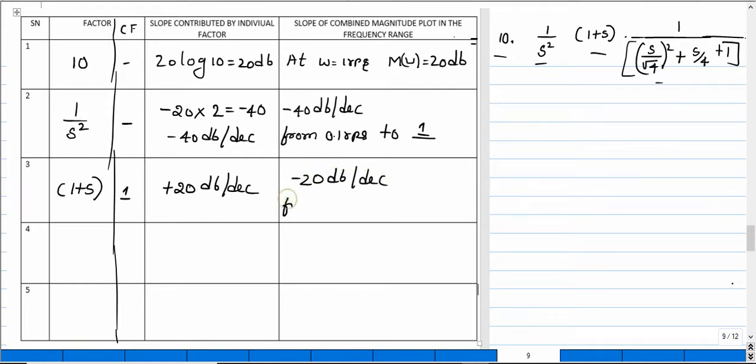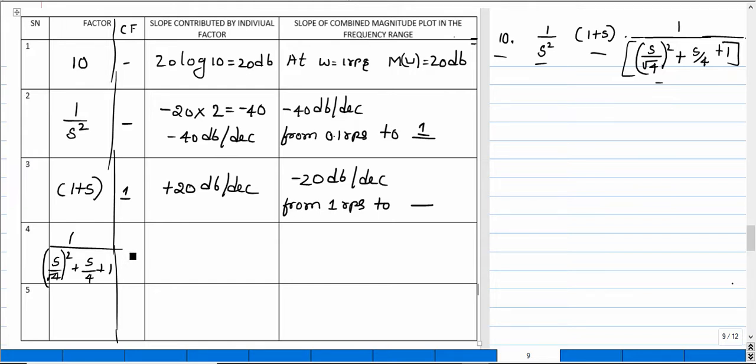From the last point, which was 1 rps, to the next corner frequency, we shall identify the factor that is second order, that is (s by root 4) whole square, followed with s by 4 plus 1. Okay, now the corner frequency, directly you can write it as omega n.